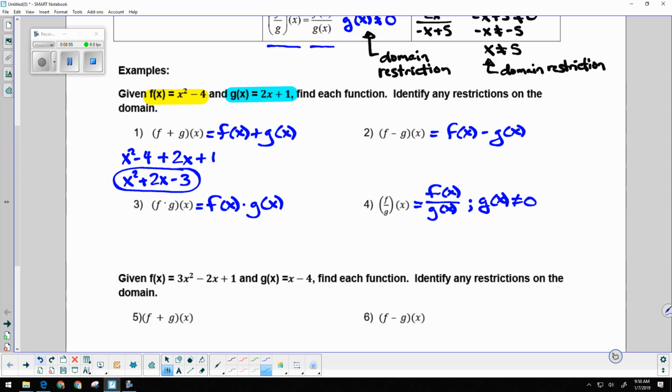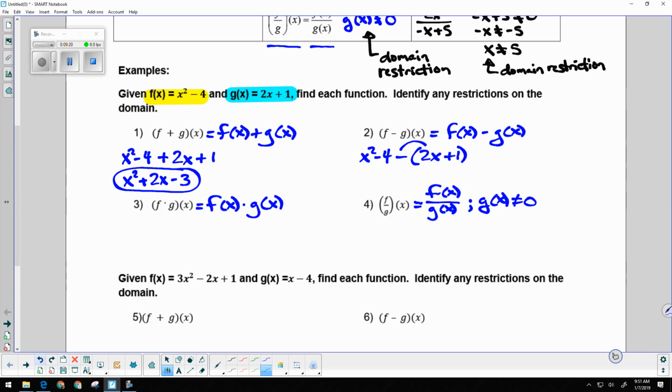Now number 2 is going to be a little bit different because I am going to have a minus sign. So f of x is x squared minus 4 minus g of x, which is 2x plus 1. Okay, now notice I didn't put parentheses around f of x because they're not needed. But here I do have to distribute this minus sign through.